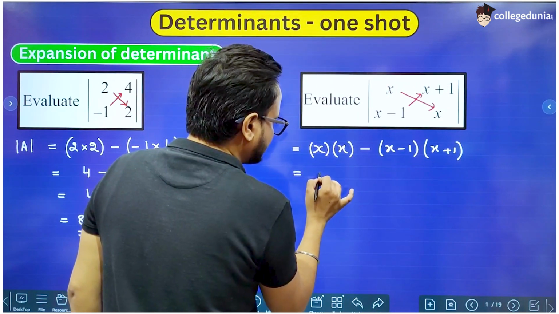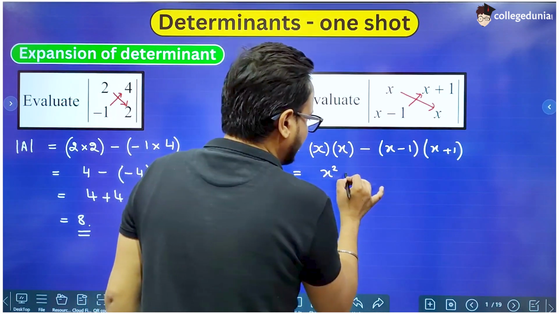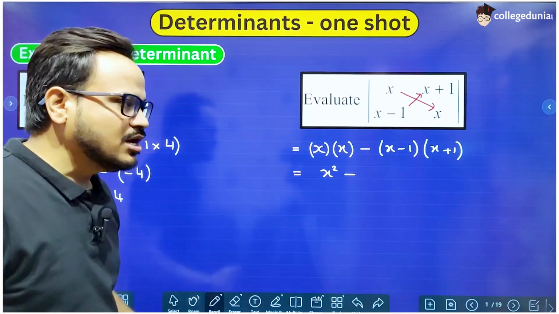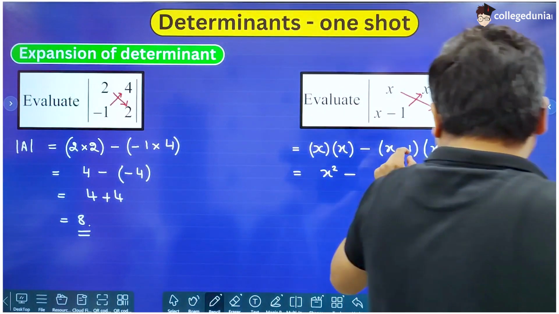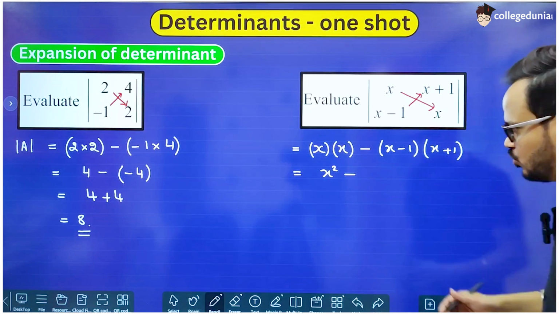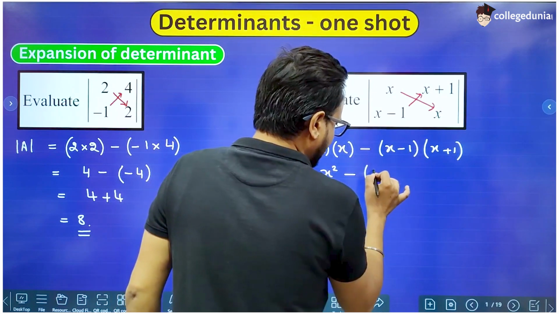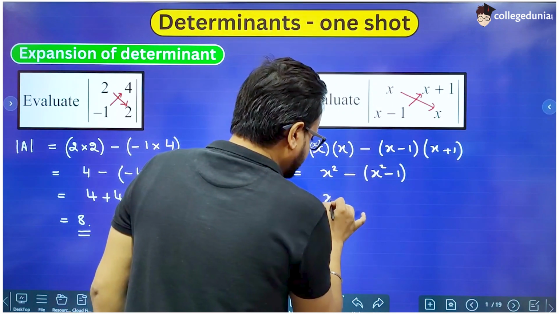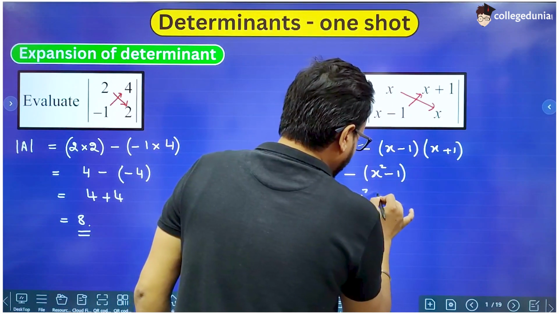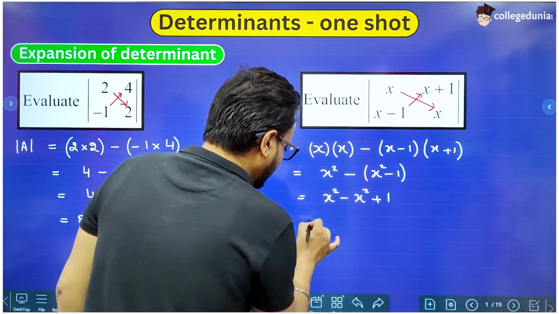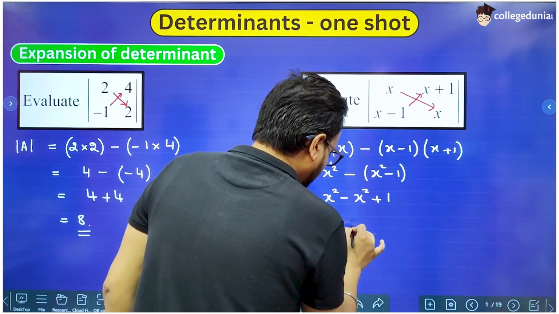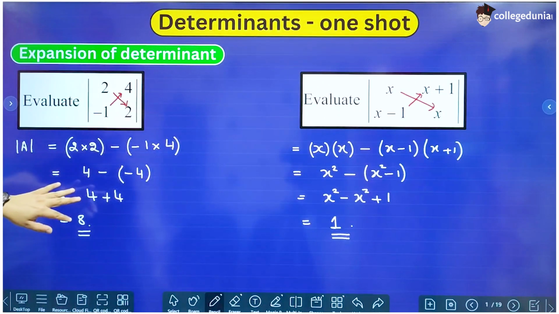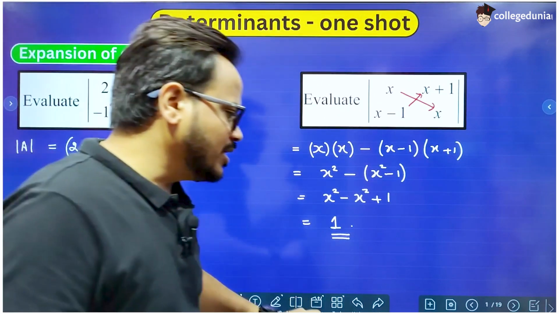X into X is X square, minus, here we can use the identity (A minus B) into (A plus B), which is A square minus B square. So this becomes X square minus 1 square, which is 1. So this becomes X square minus 1. So it is X square minus X square plus 1. So the answer is 1. So the determinant value of this is 1. This is how you can expand the determinants of 2 by 2 matrices.